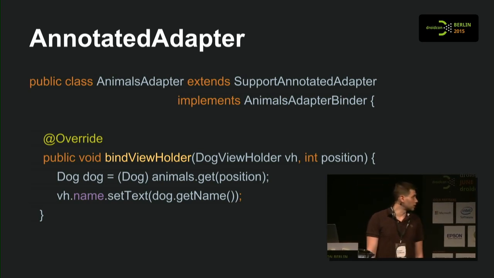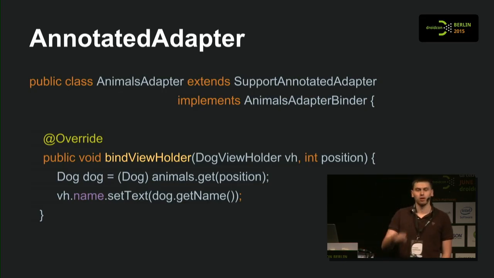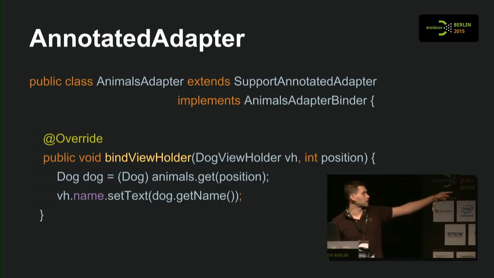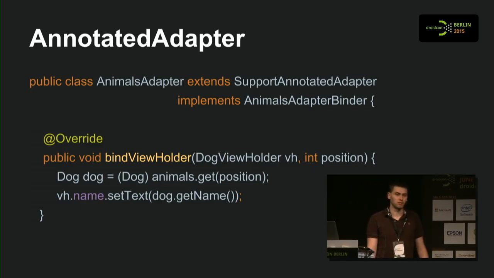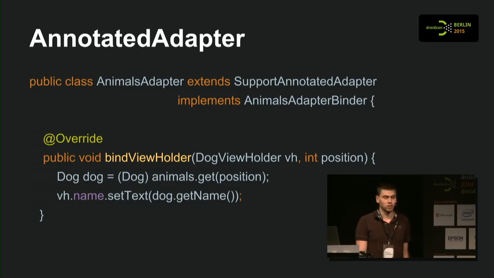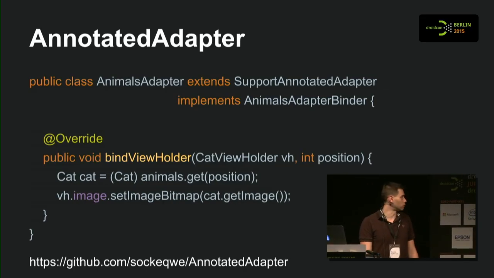It also reduces the code you have to write for distinguishing between view types. You don't have to implement onCreateViewHolder or the bind view type. All you have to do is implement the interface. The interface defines a method like that, where you get the generated view holder class. And basically you have to do that for all of your view types.